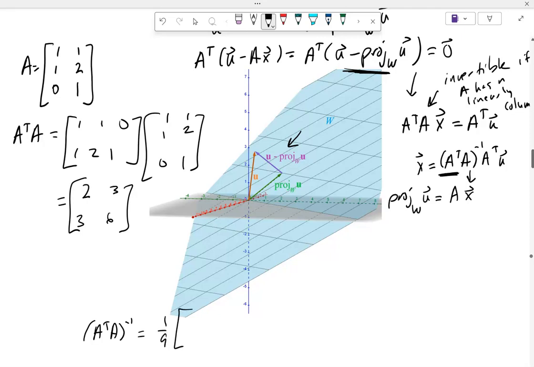And then you flip the main diagonal and negate the off diagonal. And then we take this times my A transpose. It's the next thing in the line, isn't it?